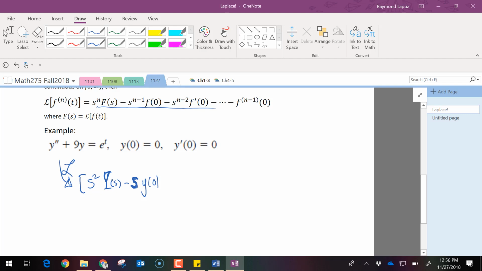And then we keep going until we go to the n minus first derivative. So we went to the second derivative. This is a y double prime, so n is equal to 2. So we're going to go one more, and this time it's going to be s to the 0th power, or just 1, and then y prime of 0.